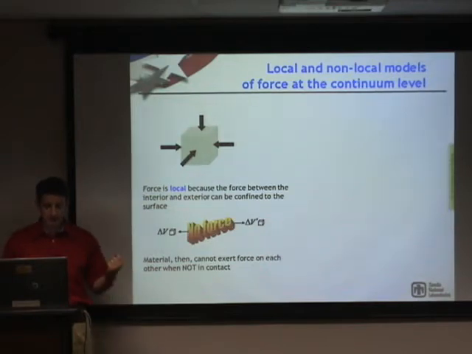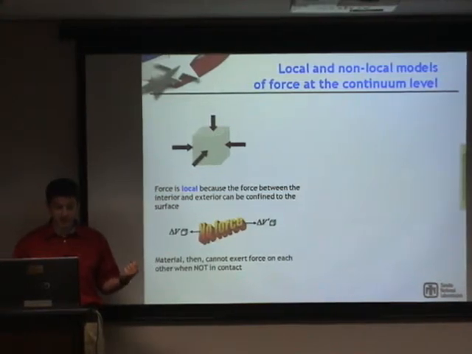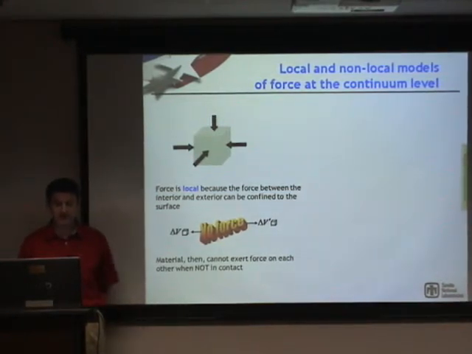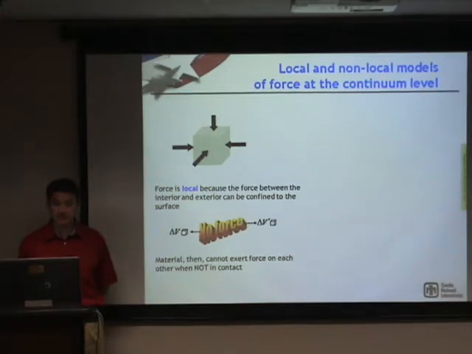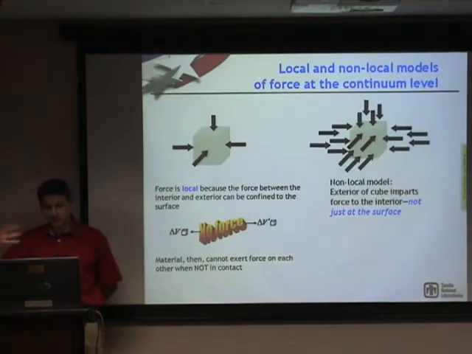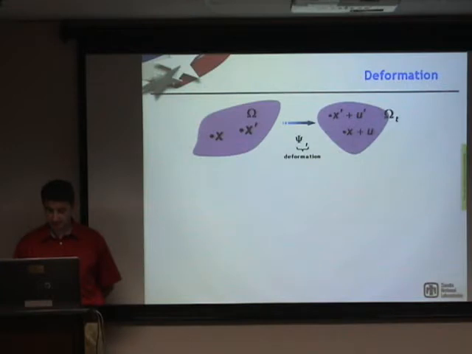And so in particular, material delta V and delta V prime separated by a finite distance then cannot exert forces on each other. Not directly. They would have to transmit the forces through the next cubes that they interact with, and so on and so on. Okay, so non-local model of force, if you want to draw a picture of that, the idea is that the exterior of the cube imparts force to the interior, and it's not just relegated to the surface.